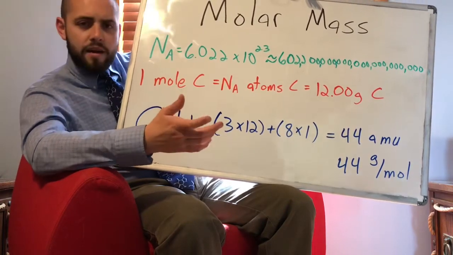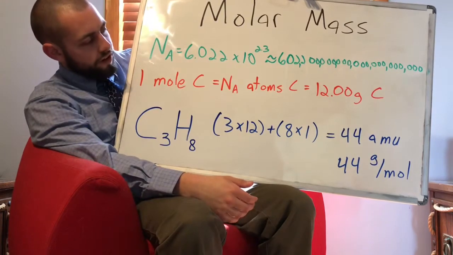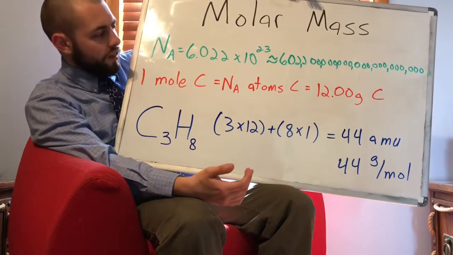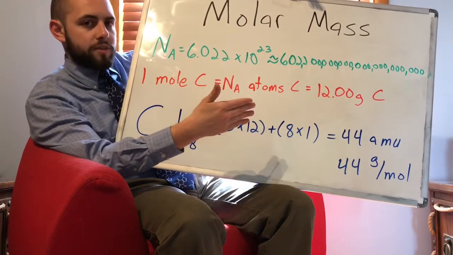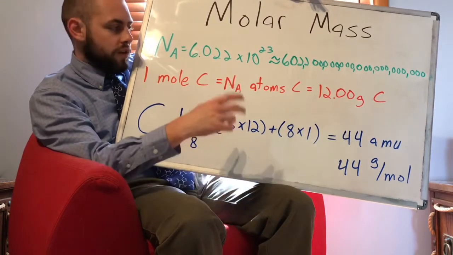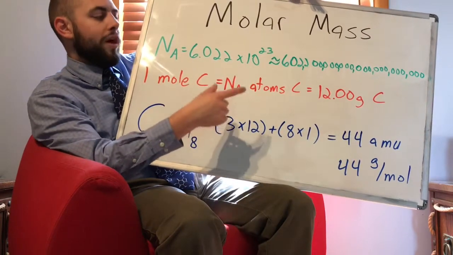But we can take that number and we can kind of scale it up. And instead of measuring in atomic mass units, we can say that the molar mass is 12 grams. The atomic mass, 12 AMUs. The molar mass, 12 grams.